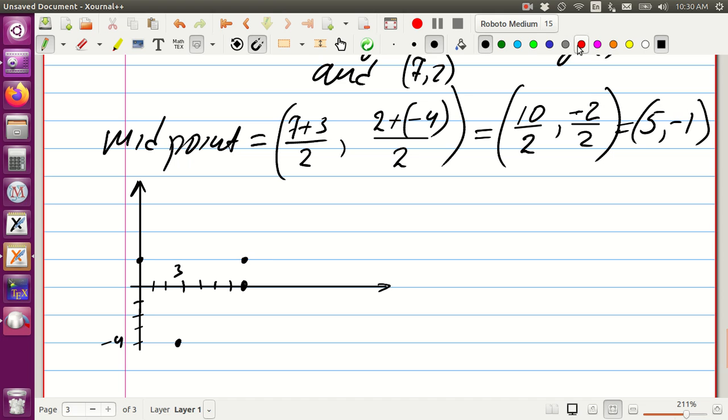So we create a line segment, and our midpoint is at (5, -1). So let's count 1, 2, 3, 4, 5, -1. Let's see if we're going to get an accurate picture. Just a tiny bit off, but again, I'm doing it by hand. This is the midpoint, (5, -1).